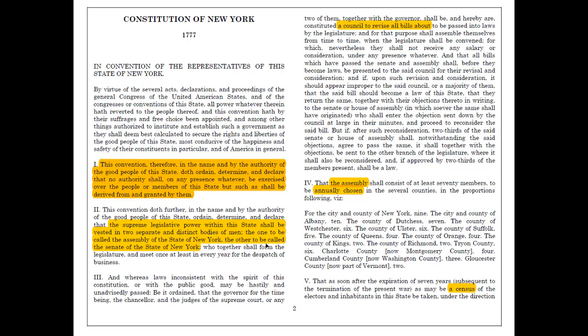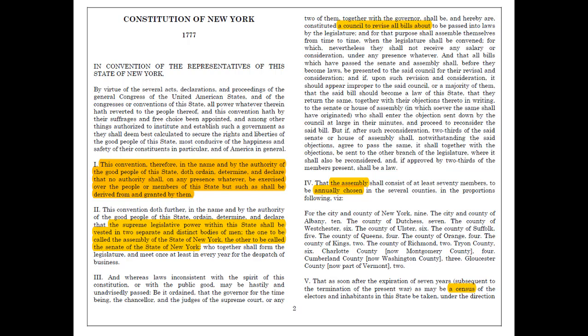The legislature is not dependent on the executive to create a law. In place of the presidential veto process that we're used to, the New York Constitution creates this council to revise bills, and we see that in Article 3.